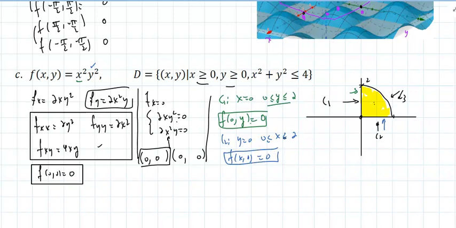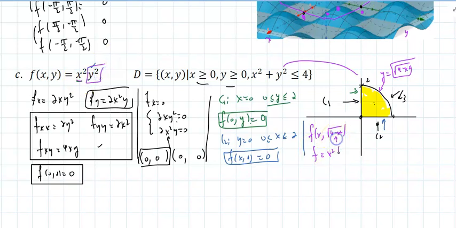I don't know if it's a minimum or a maximum, depending on whether this gives any value. Isn't this saying y equals the square root of 4 minus x squared? So if I proceed and say, let's find f of x, and in place of y, the square root of 4 minus x squared, I'll get f to equal, x you leave alone, you square the y, wouldn't that make it 4 minus x squared?